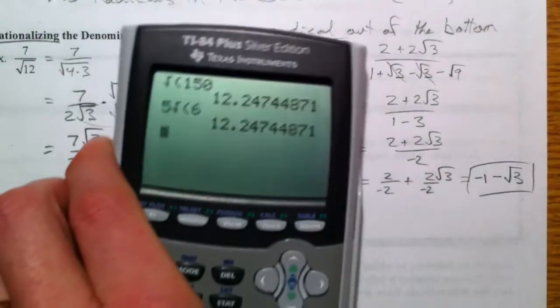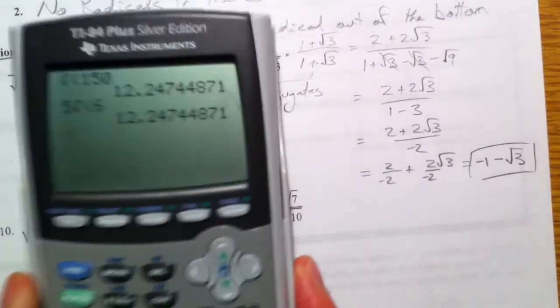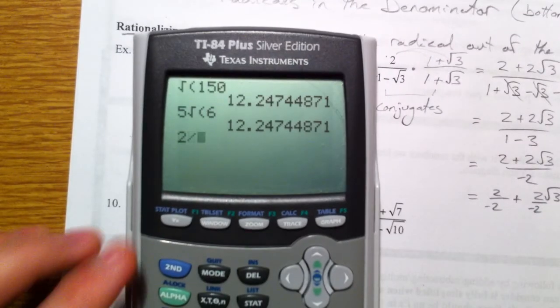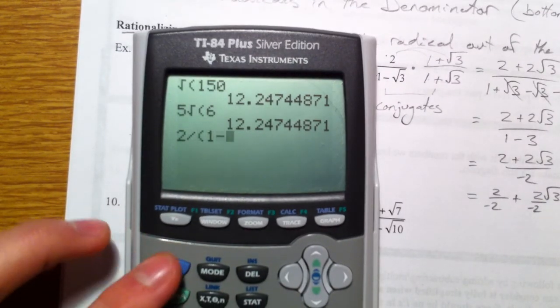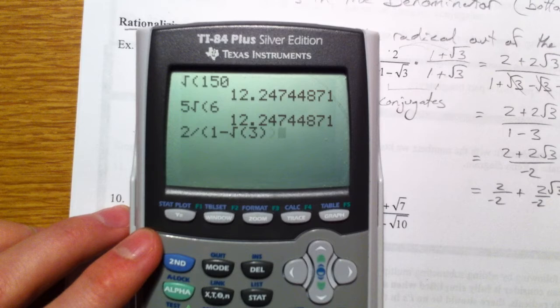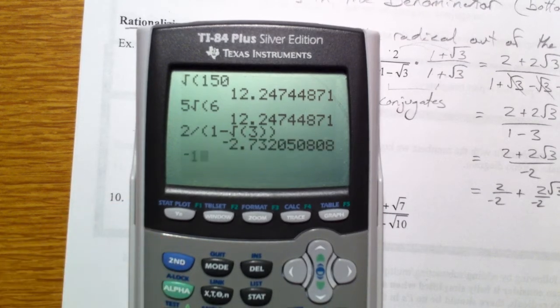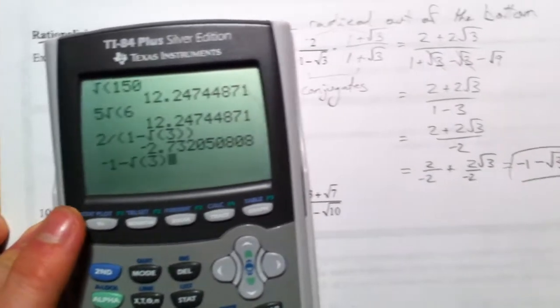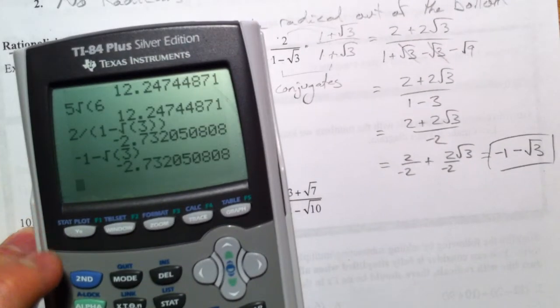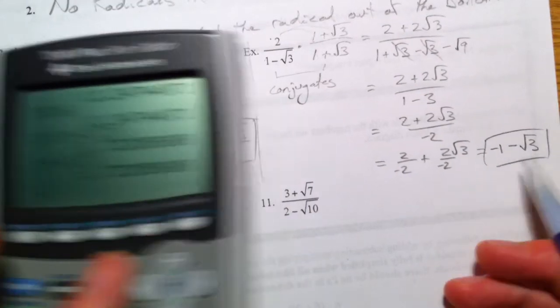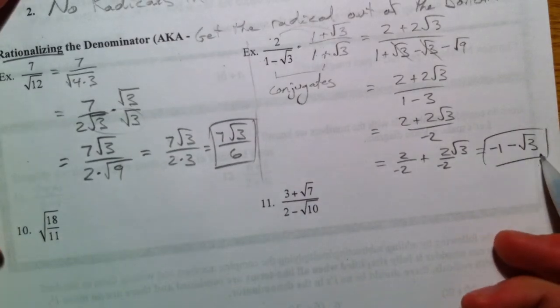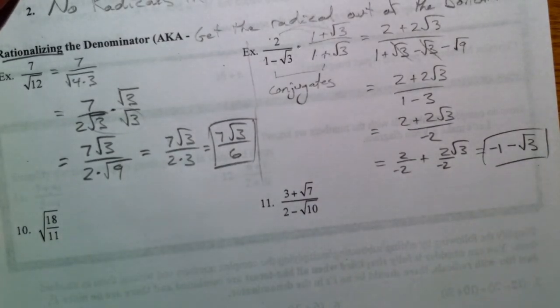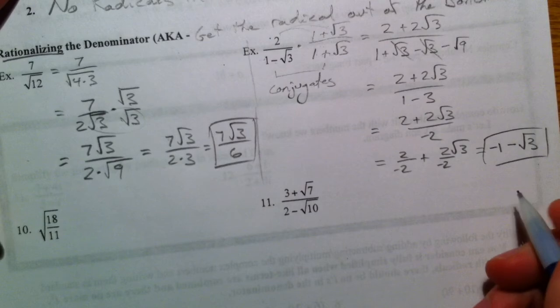And again, you can double check that you have what you meant when you do 2 divided by 1 minus root 3. That's equal to that, and then negative 1 minus square root of 3, what we ended up with, and they are equivalent. And how do I know I'm done? Well, there's no radical in the denominator, and perfect squares are all out.